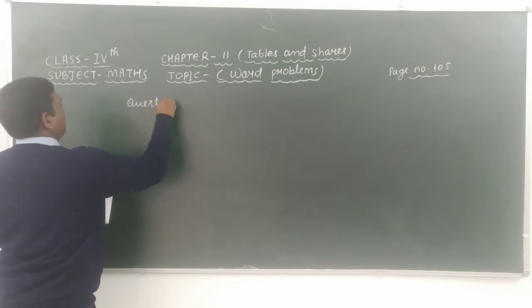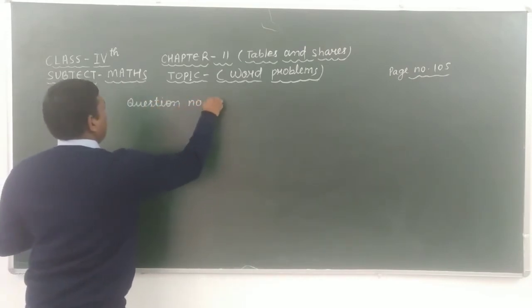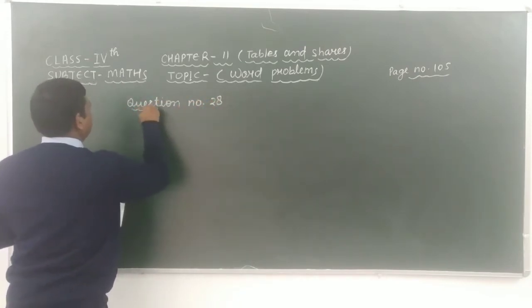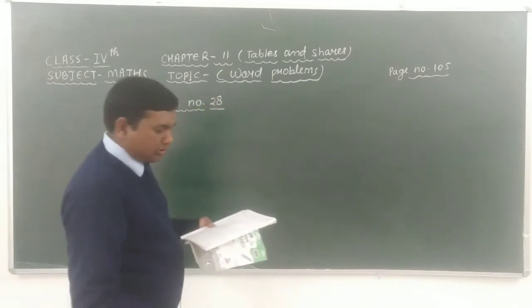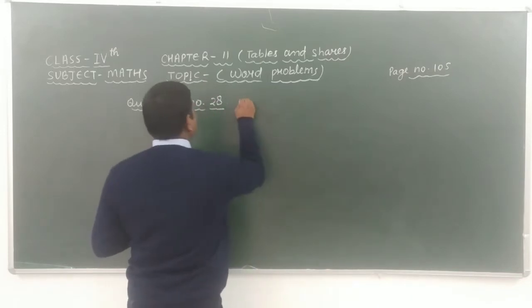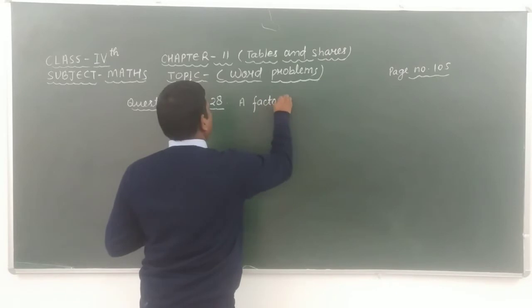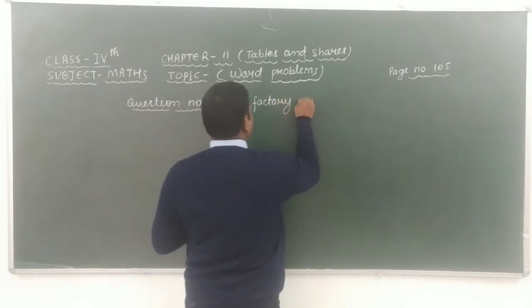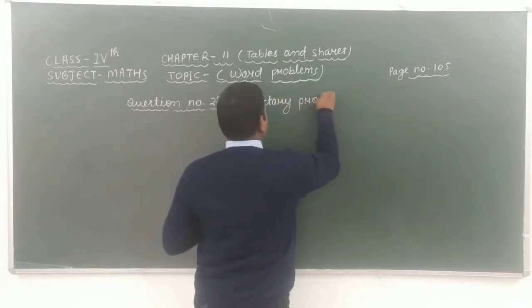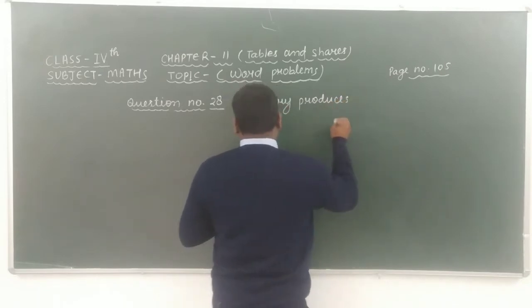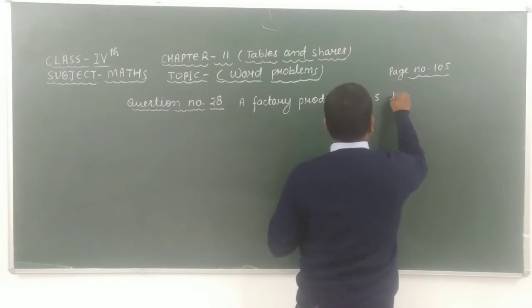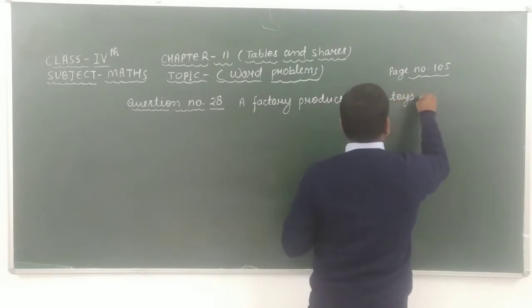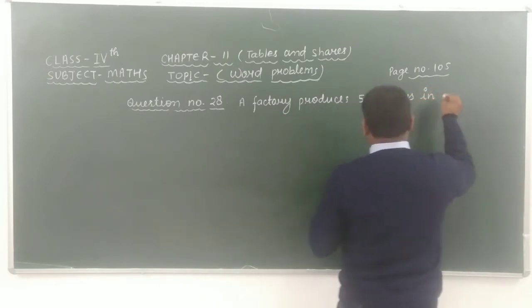Question number 28 is: a factory produces 525 toys in one day.